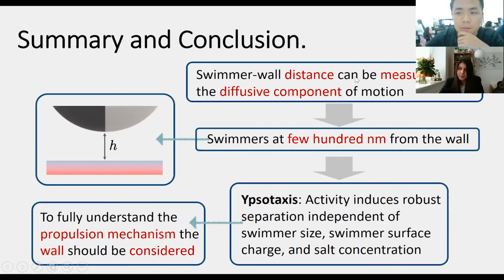What we propose in our work is that walls are actually important, and to understand the propulsion mechanism in future modelings, we should also consider the fact that the particles move very close to the wall and incorporate the effect of the wall.